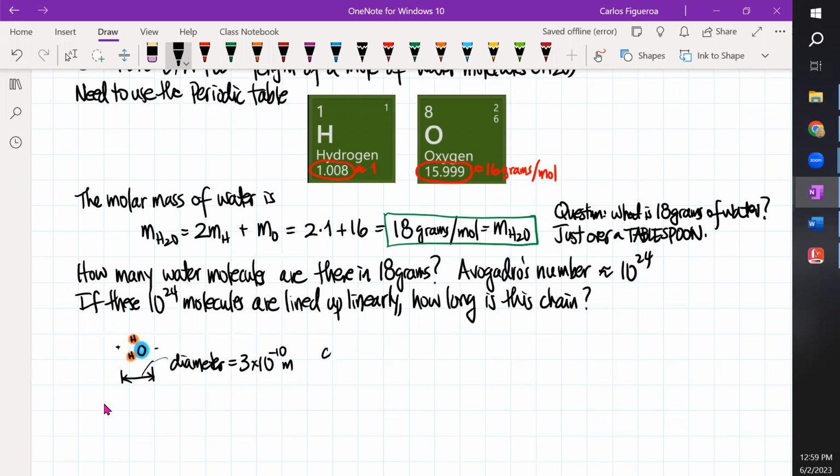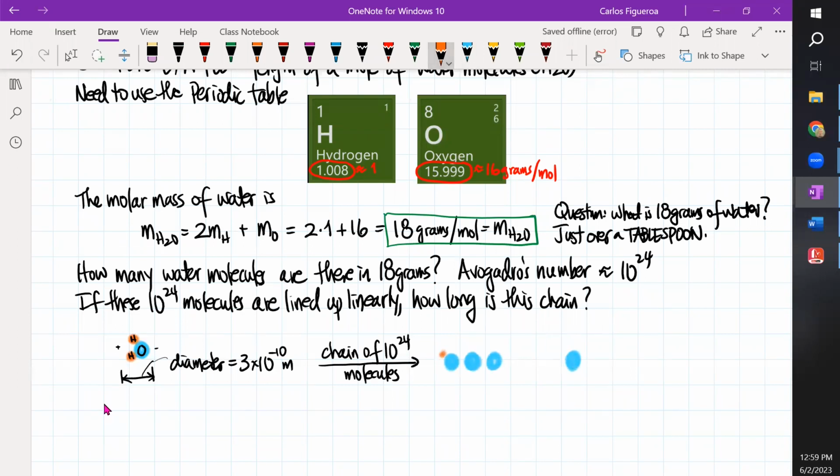Now if I have a chain of 10 to the 24 molecules, what that means is I'm going to have 1, 2, 3, and then this is going to be 10 to the 24.